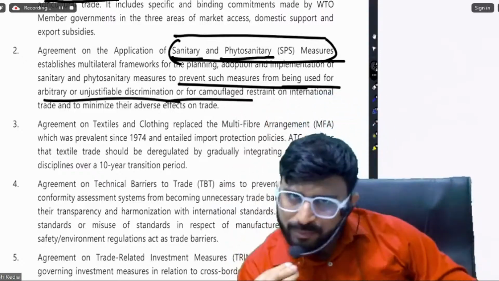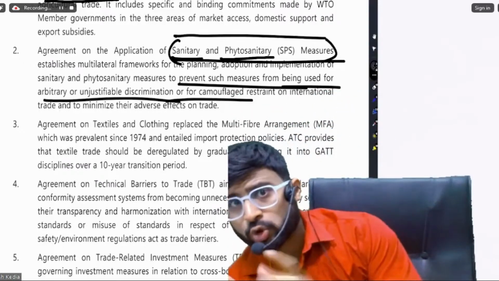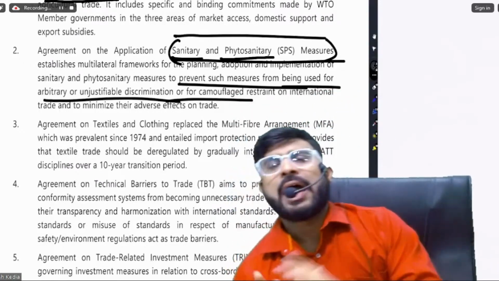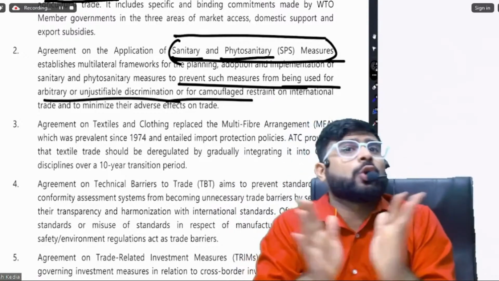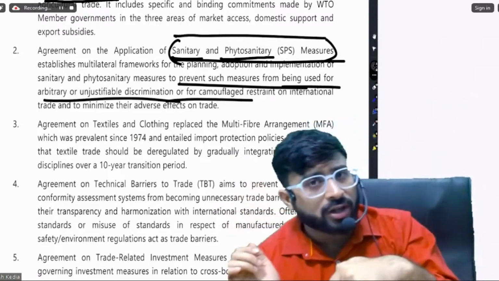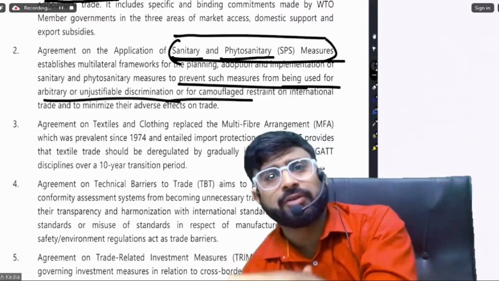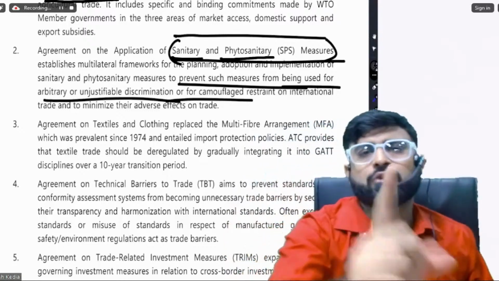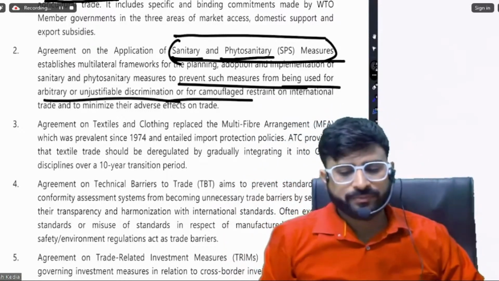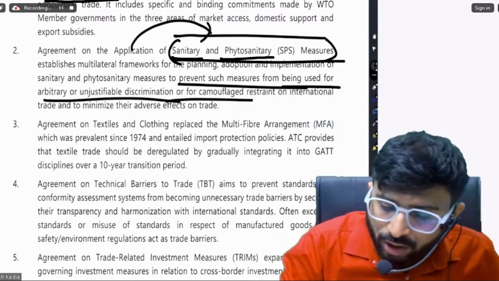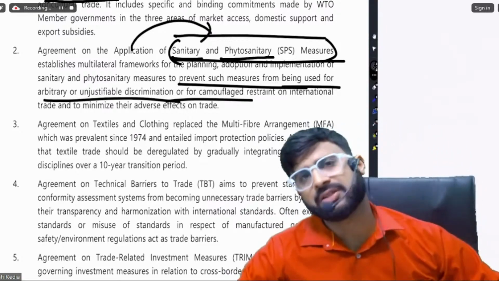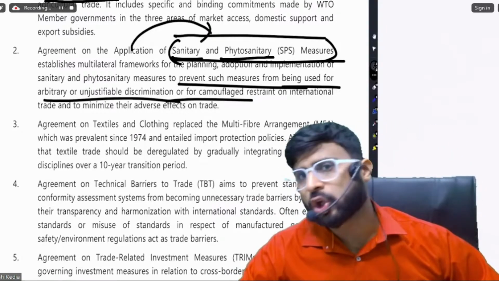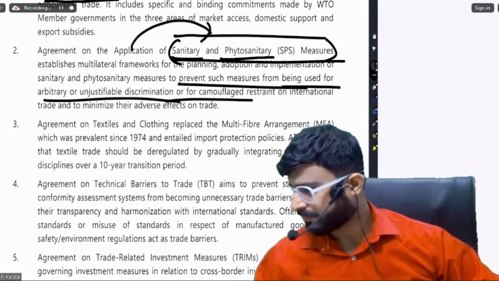Of course, if there is reasonable proof, then that can be used. But if there is no reasonable proof and the Indian government is just saying that, oh, we are afraid that foreign commodity can harm our individuals, our plants, our animals, then that is not justifiable logic. That is a clear-cut violation of the WTO agreement on sanitary and phytosanitary measures.